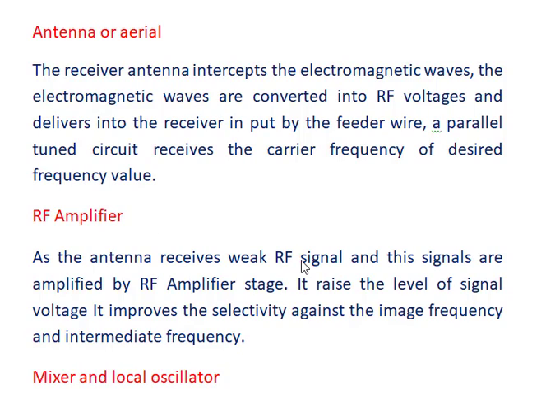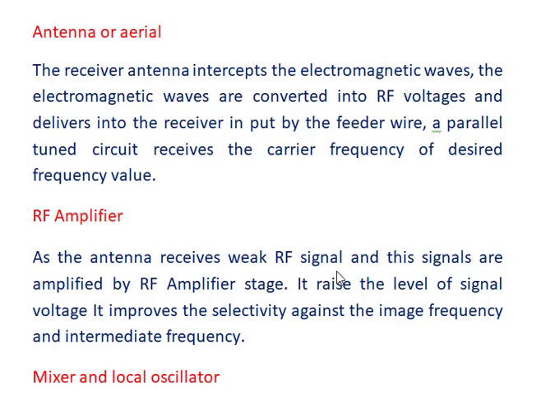The antenna receives a very weak radio frequency signal, and these signals are amplified by the radio frequency amplifier stage. It increases the amplitude level, the signal voltage level, and also improves the selectivity against the image frequency and the intermediate frequency.